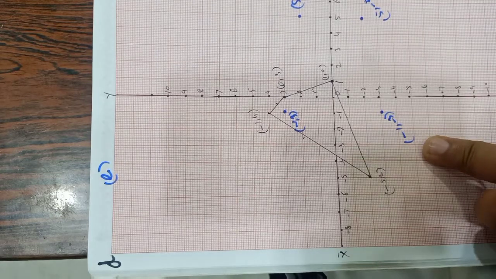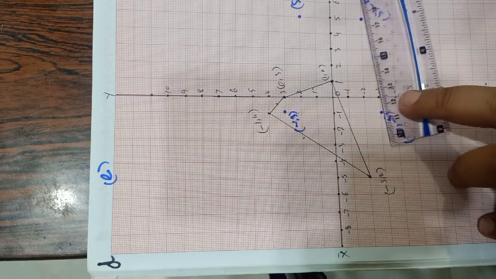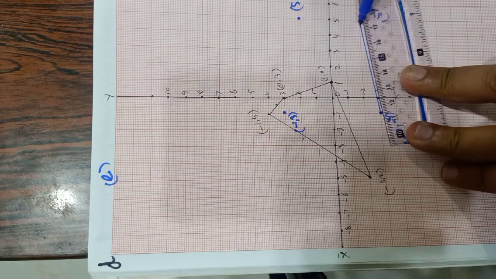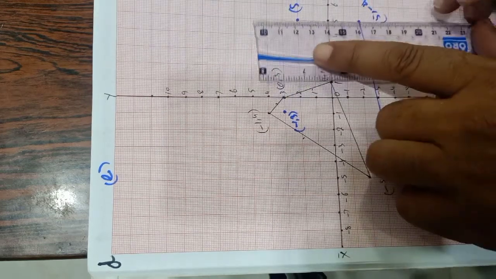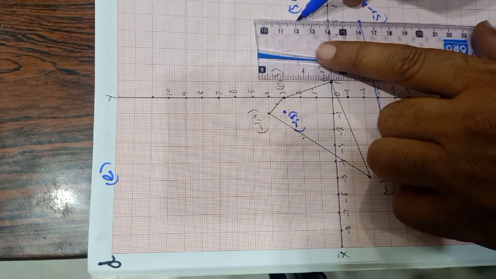Now students, we will join all the 4 points with the help of a scale, and I will use this marker just to highlight the figure so that we can identify it easily.